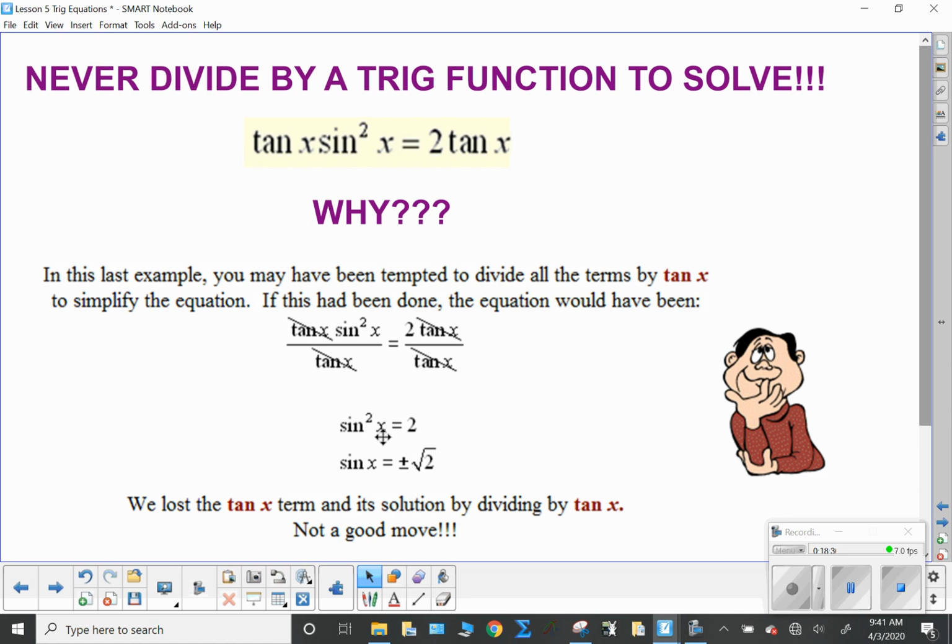Since this is no solution, comes from this particular one, we lost the tan x term, which means we lost a solution. Not good. Okay, so you could lose a solution.